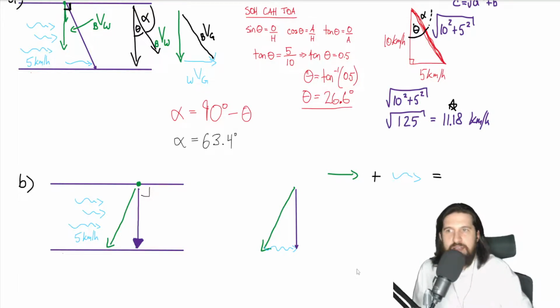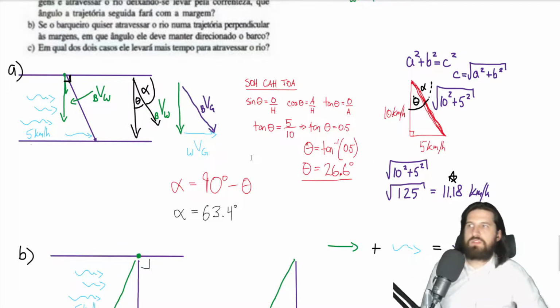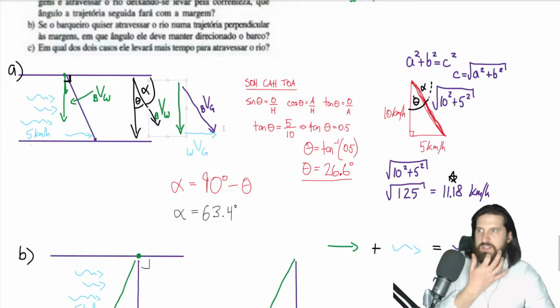And that is the same thing as what it was here. I drew this one in black, but it's the same story. Let me just put it in purple. Green plus blue equals purple, right?